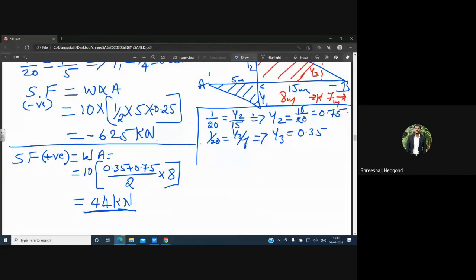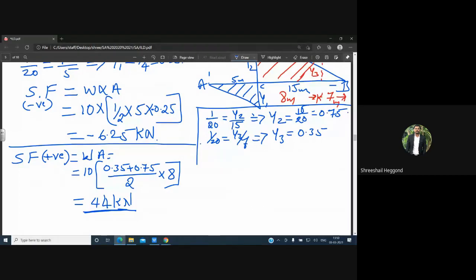Next, we need to calculate the bending moment. For bending moment, we know the ILD diagram for bending moment, but where to locate the UDL, either to the left or to the right or at the midpoint, at the C point?